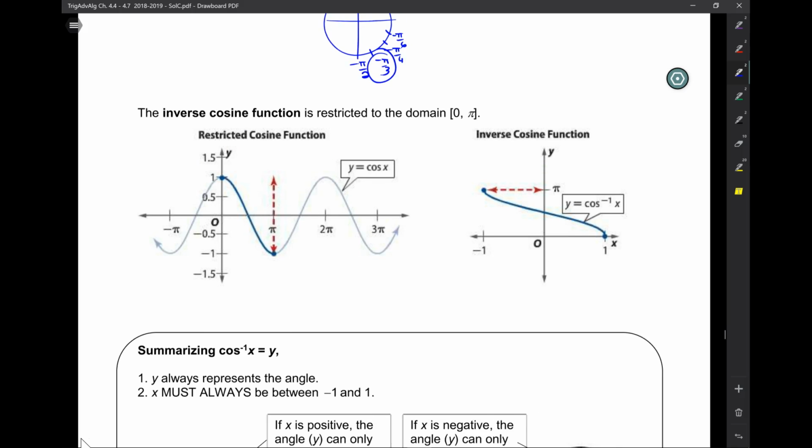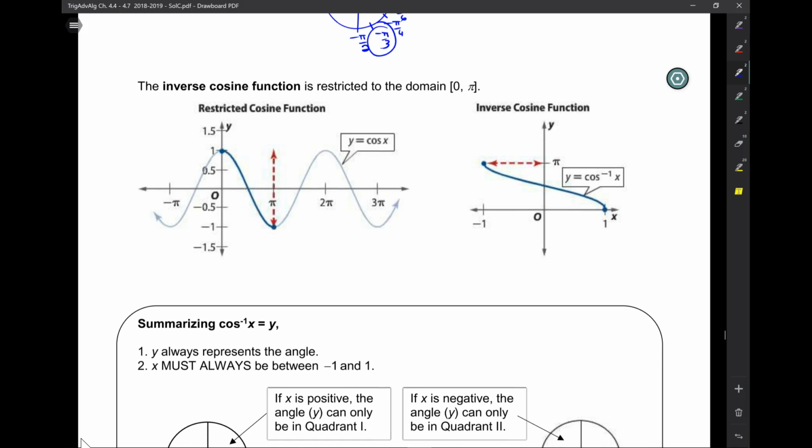Right? So now, let's talk about cosine. Cosine, we do the same exact thing, but you see how cosine looks a little different? So when I restrict the cosine, it is here. From where to where do I go? I go from 0 to pi, because it would be boring if it was the same thing, pi over 2 to negative pi over 2, right?